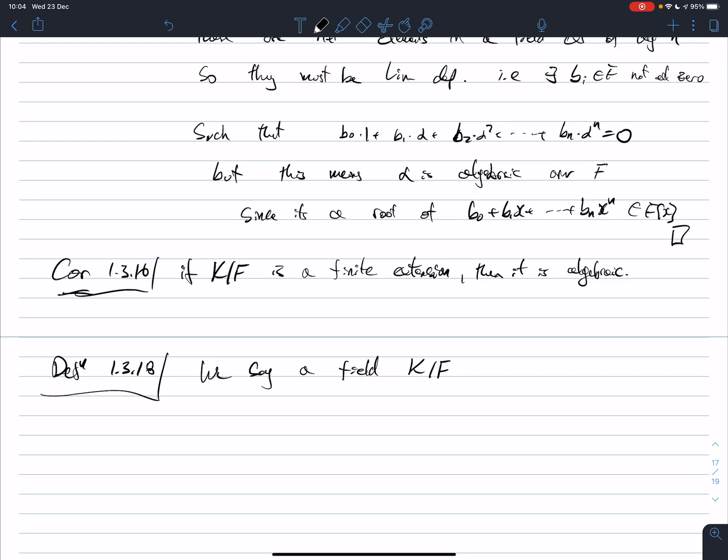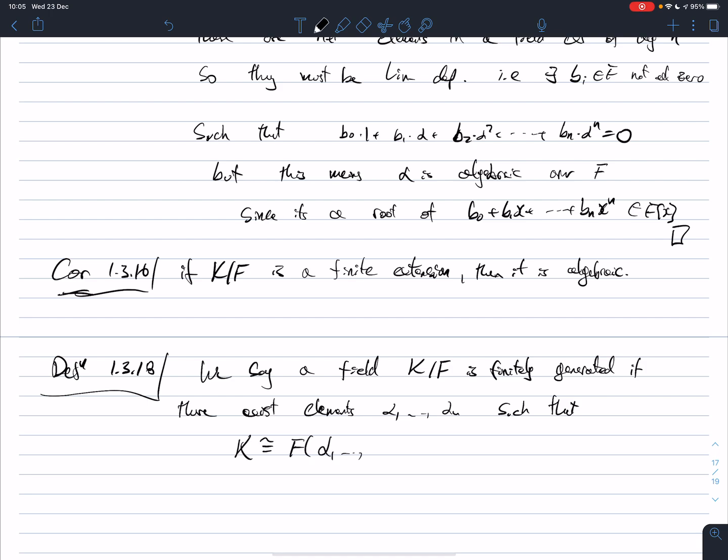We say a field K over F is finitely generated, if there exist elements alpha 1 to alpha n such that K is isomorphic to F(alpha 1, ..., alpha n).